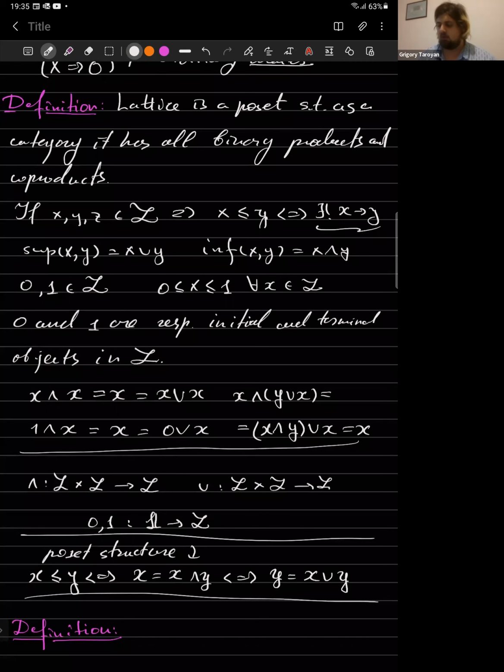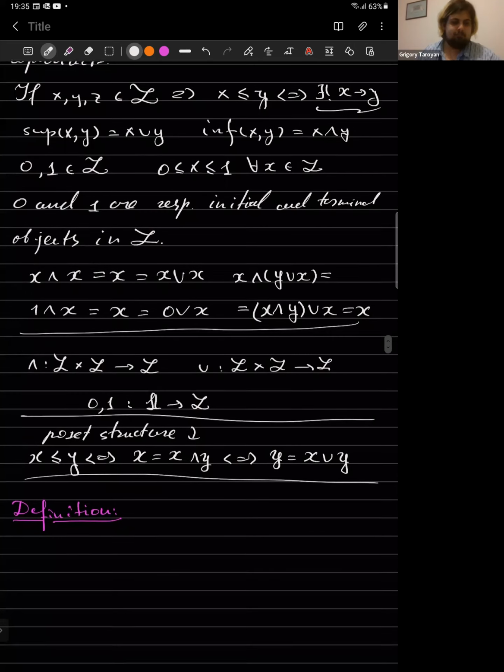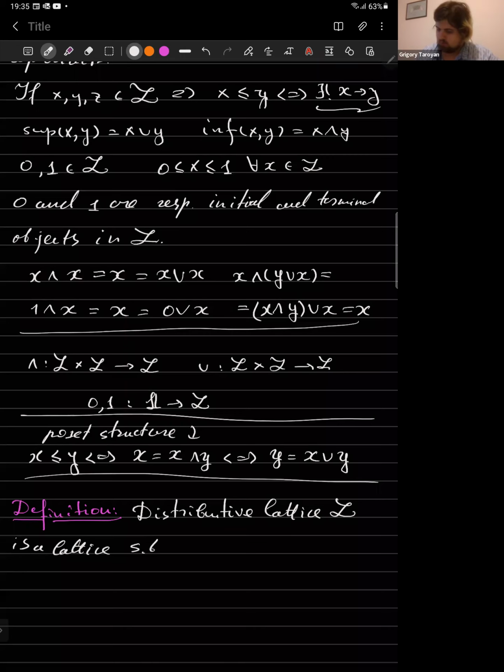There, it is clear how to interpret all these operations. Okay. A distributive lattice is a lattice such that we have the following distributivity law.